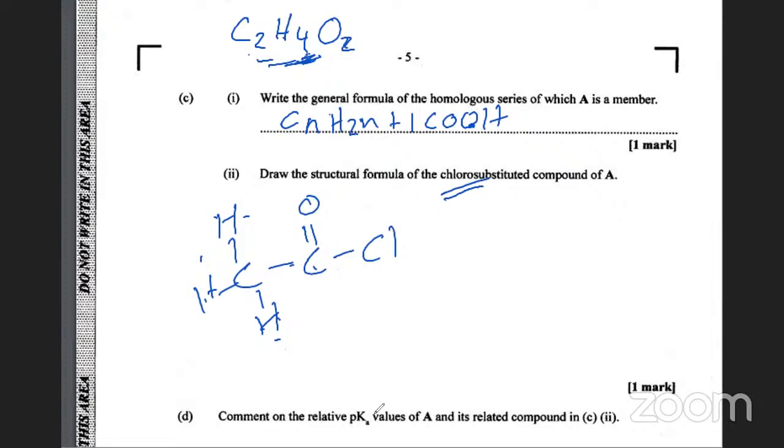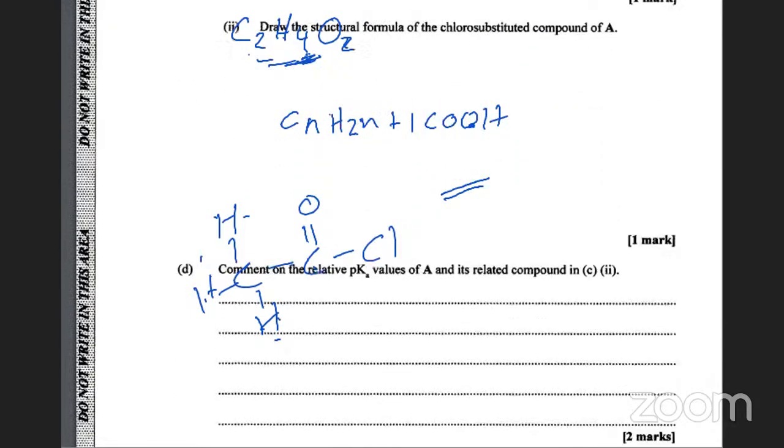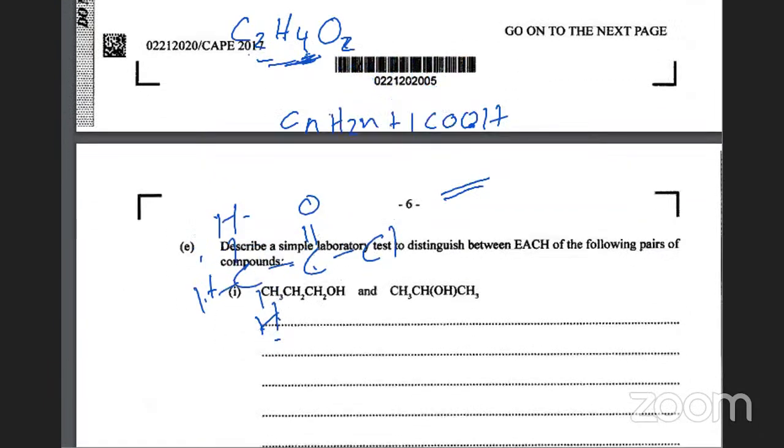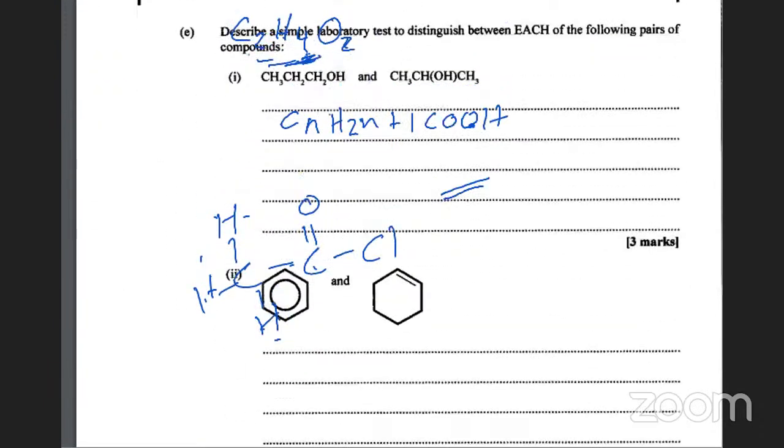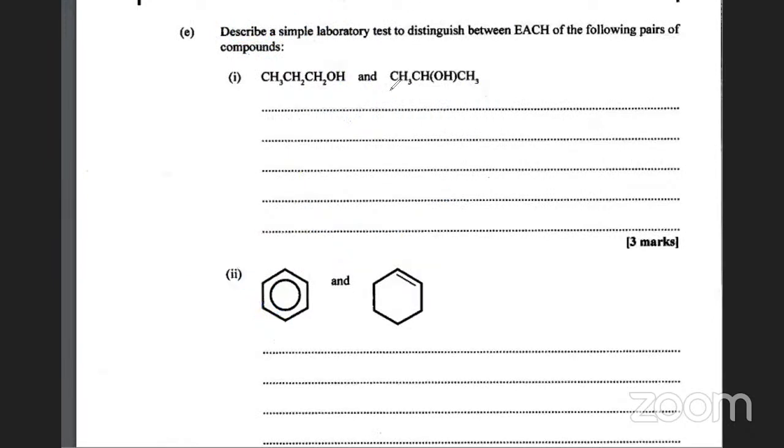Right, as I said, we won't be looking at any with acid base characteristic. All right, so here we have primary alcohol. What type of alcohol is this? Secondary. Is it secondary alcohol?